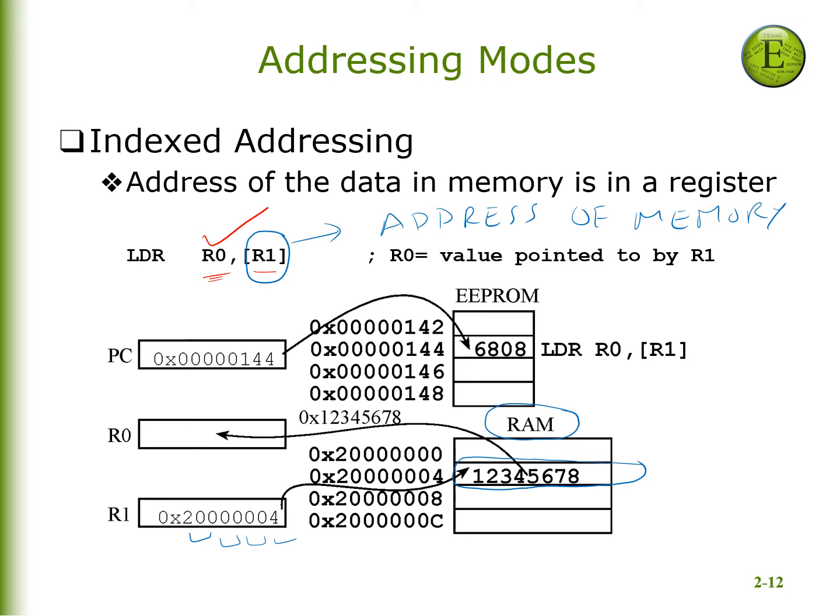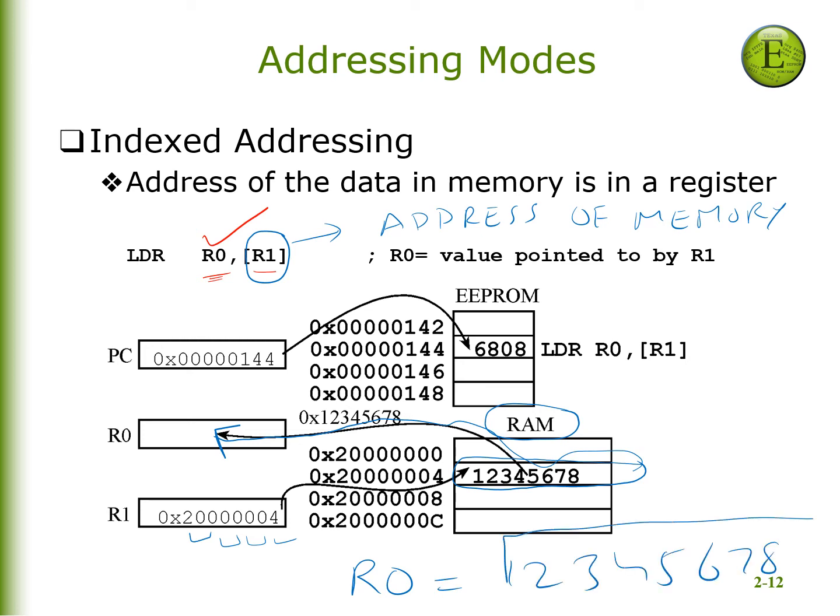Here we have some data, 1, 2, 3, 4, 5, 6, 7, 8. Again, it's a 32-bit number, and this number is going to go into register R0. So the contents of R0 after the execution of this instruction would be 12345678.